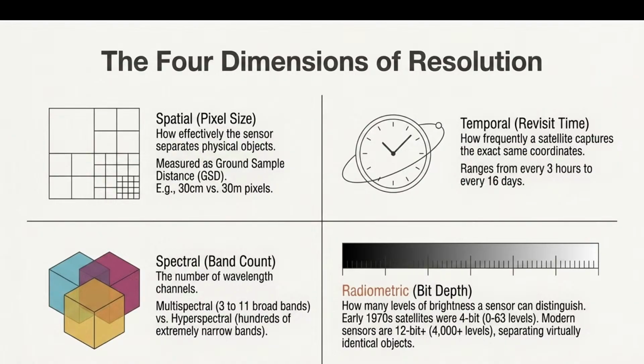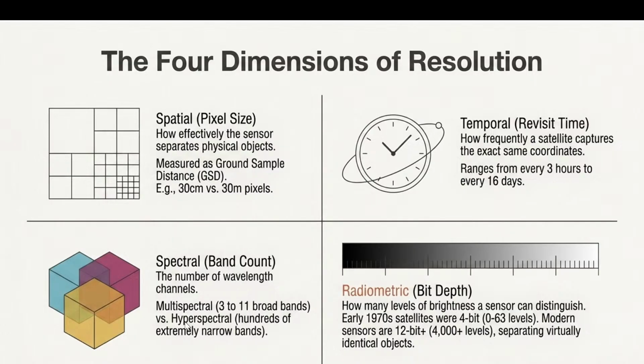Hyperspectral has a lot of bands, hundreds of extremely narrow bands. These bands store different wavelengths. So when I use hyperspectral, I have a lot of bands and can easily get a lot of information. It gives me more precise information about the ground.